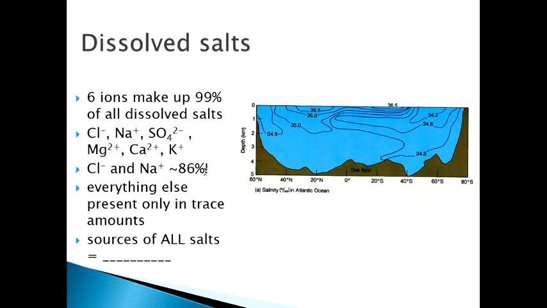Sodium and chlorine. That's salt. So the salt that you put on food to add some flavor to it is NaCl, sodium bonded with chlorine. In the ocean, it's also dominant, most of it. Everything else, all the other elements, they're present in the ocean, but only in very, very, very small amounts.